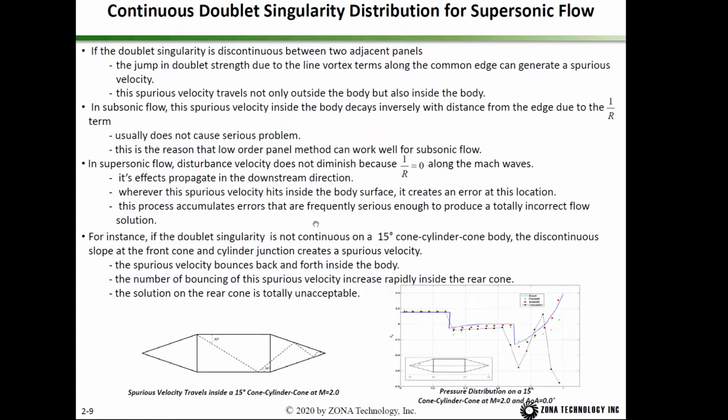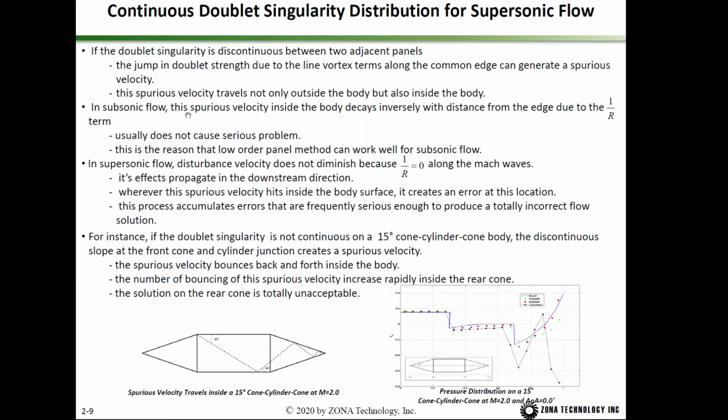And so if the doublet singularity is discontinuous among two adjacent panels, the jump in doublet strength due to the line vortex term along the common edge can create a spurious velocity. This spurious velocity travels not only outside the body but also inside the body.